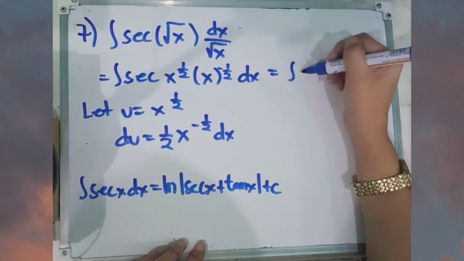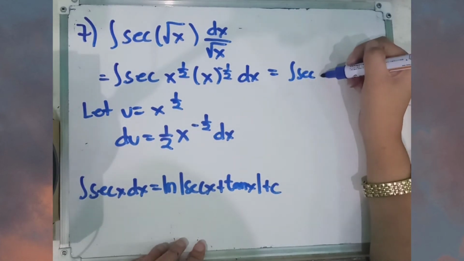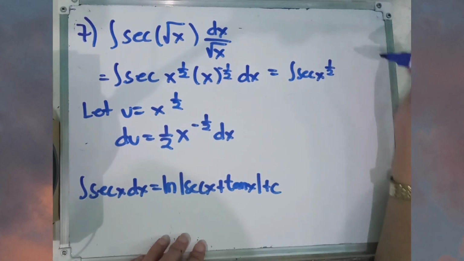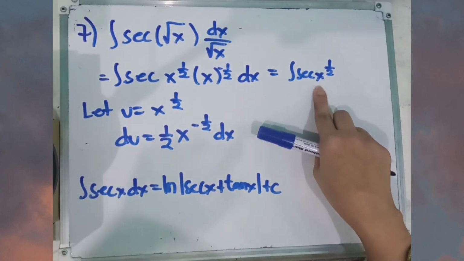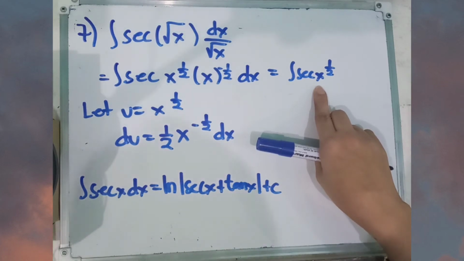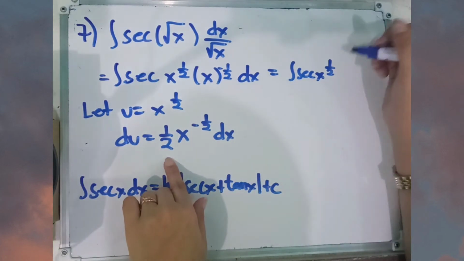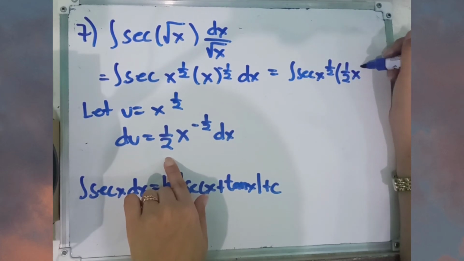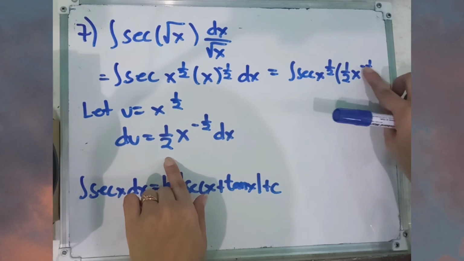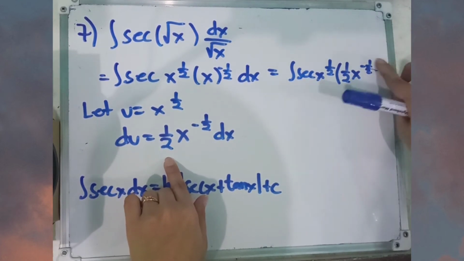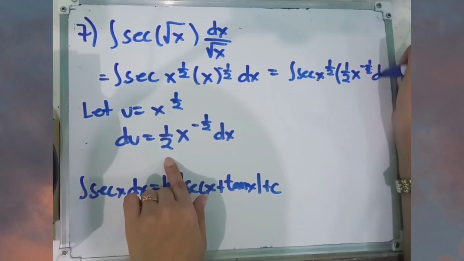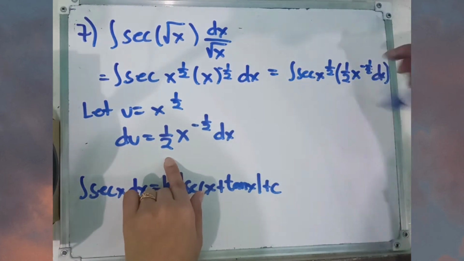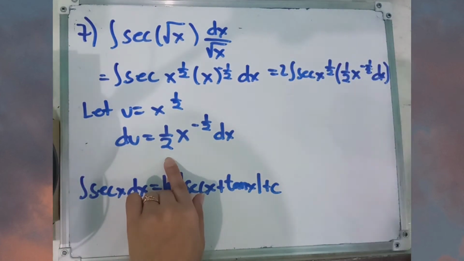That's the integral of secant x to the power of 1/2. That's our u. du is 1/2 x to the power of negative 1/2 dx. Now since we put negative 1/2 here, we need to put 2 outside of our radical symbol.